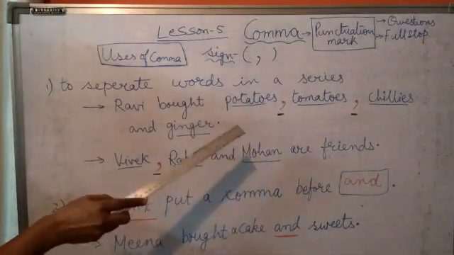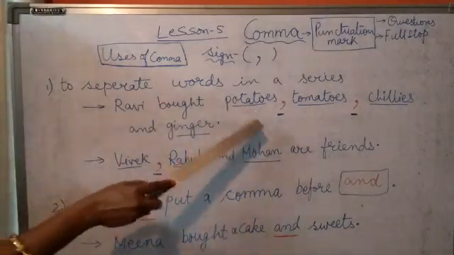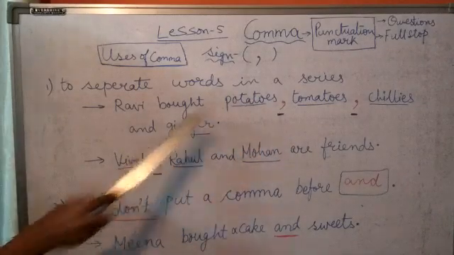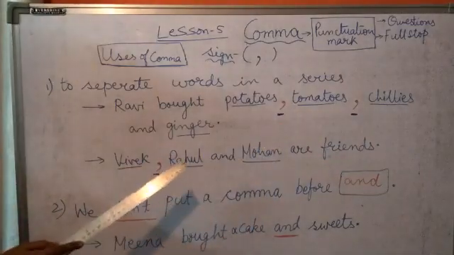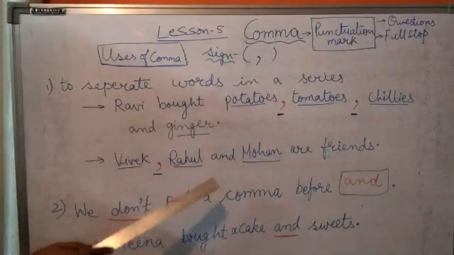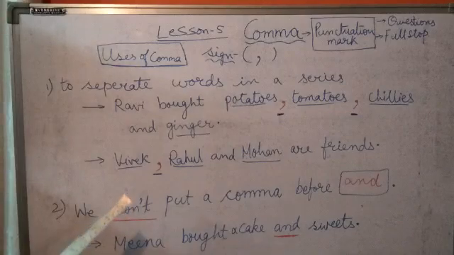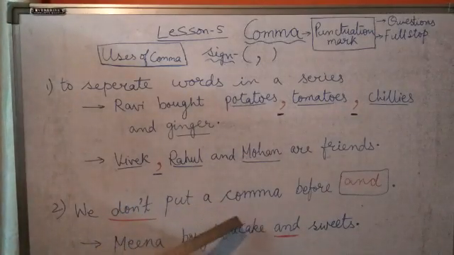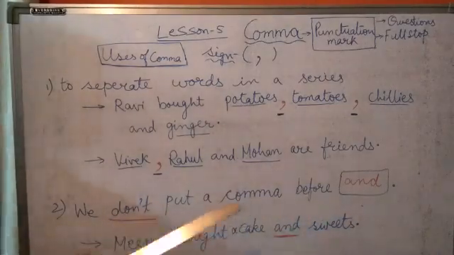Similarly here also, see students, I have written names of vegetables and here also I have written and. Before that I have not put comma. Same here also. So, the second point is very important in the uses of comma. We don't put a comma before and.